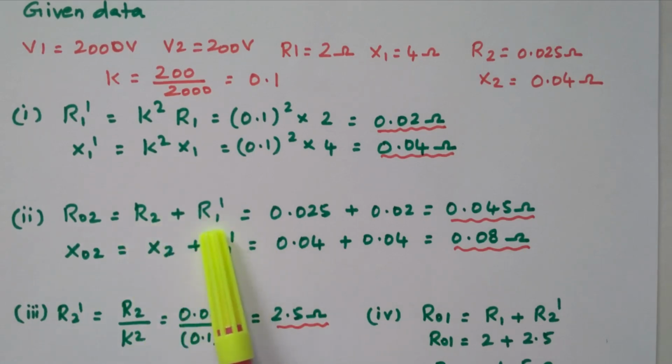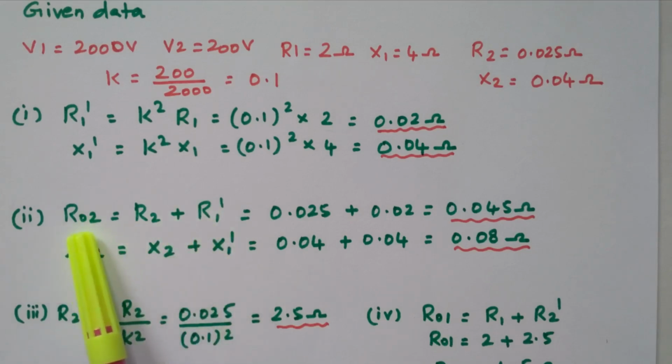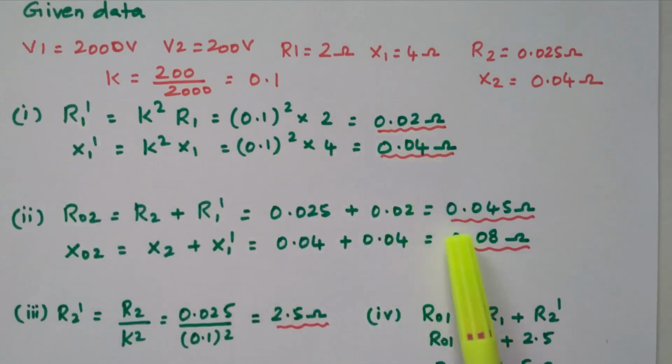R1 is the resistance of primary. R1 dash means it is transferred to the secondary side. By adding this we will get the total resistance referring to the secondary side. Similarly, reactance also. So R2 value is 0.025 plus R1 dash, which we calculated as 0.02, that is 0.045 ohm.